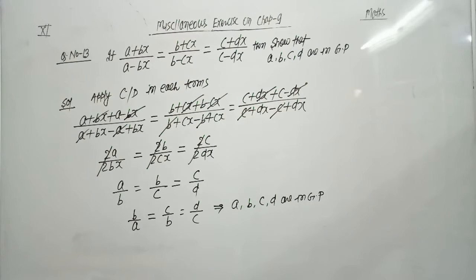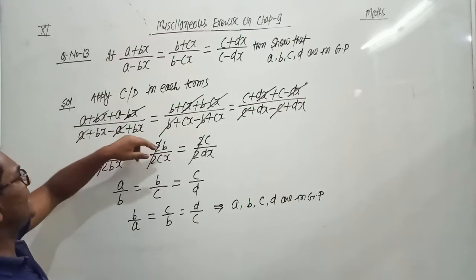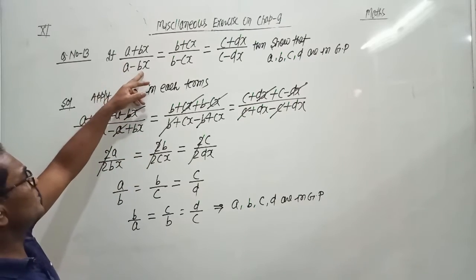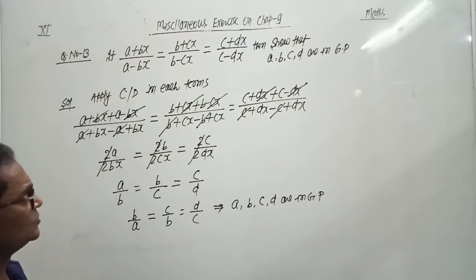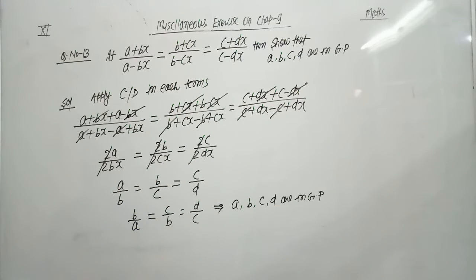So we use the concept of componendo and dividendo, in which once the denominator is added and then the denominator is subtracted from the numerator. So in each of these terms, once the denominator is added and also subtracted.